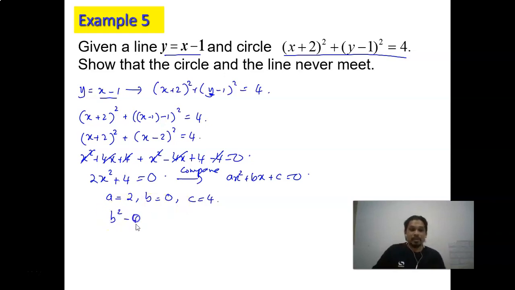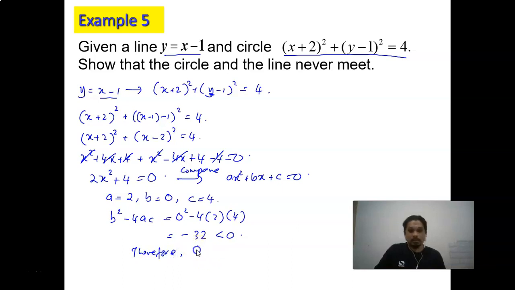Using b squared minus 4ac, that is 0 squared minus 4 times 2 times 4, which equals negative 32, which is less than 0.